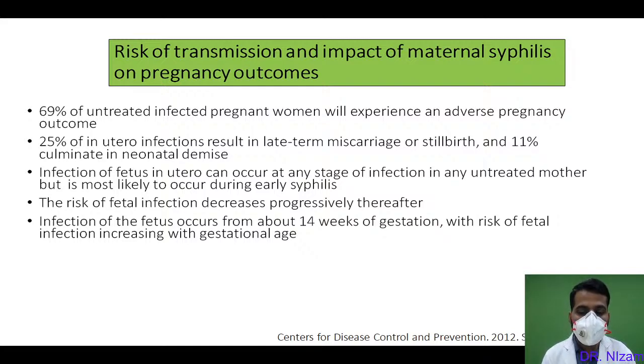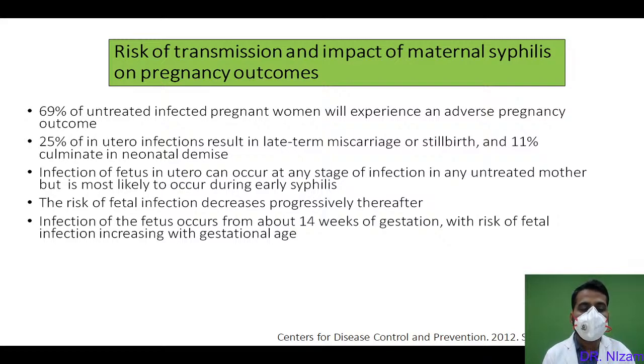According to the CDC 2012 fact sheet, 69% of untreated infected pregnant women will experience an adverse pregnancy outcome, 25% of in utero infections result in late-term miscarriage or stillbirth, and 11% culminate in neonatal demise. Infection of the fetus in utero can occur at any stage of infection in an untreated mother, but is most likely during early syphilis. The risk decreases progressively thereafter.